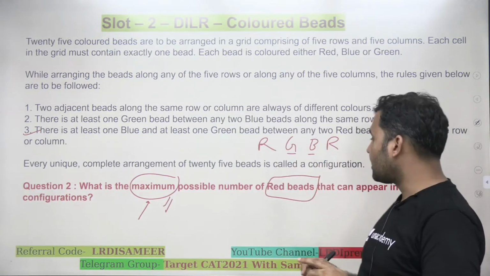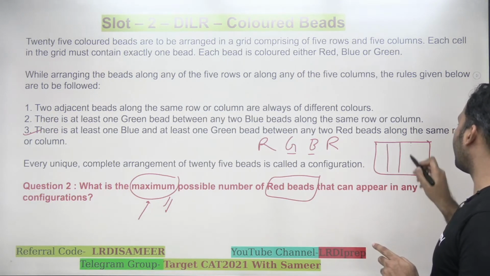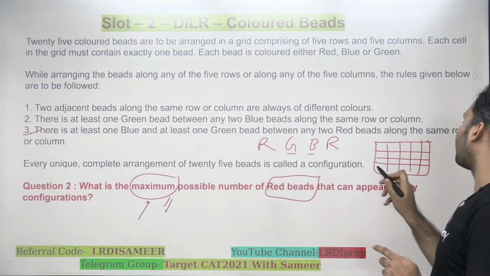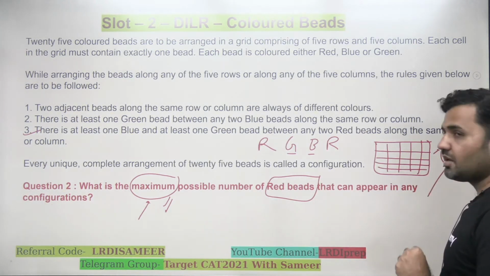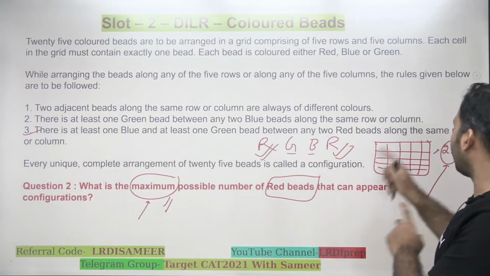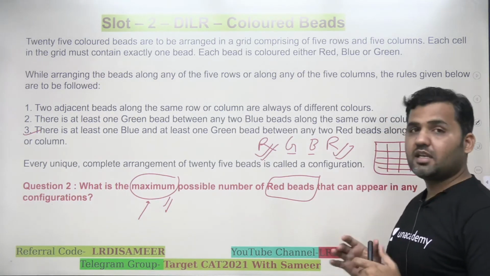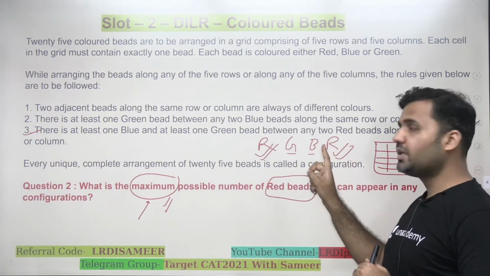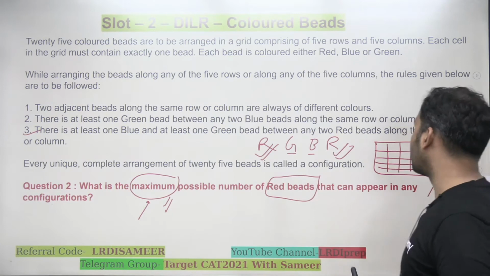Why? Because in a 5 into 5 matrix, the number of cells is limited. How many cells do you have? 25. If the number of cells is limited and I want to maximize the number of red beads, I need to minimize the green and blue beads so that I can use red beads in the maximum number of cells.